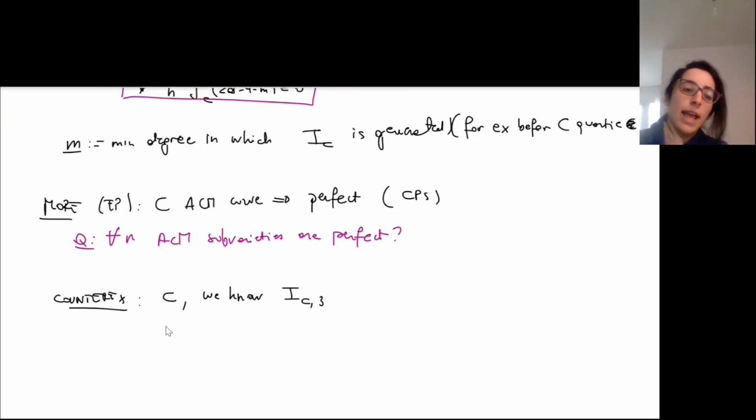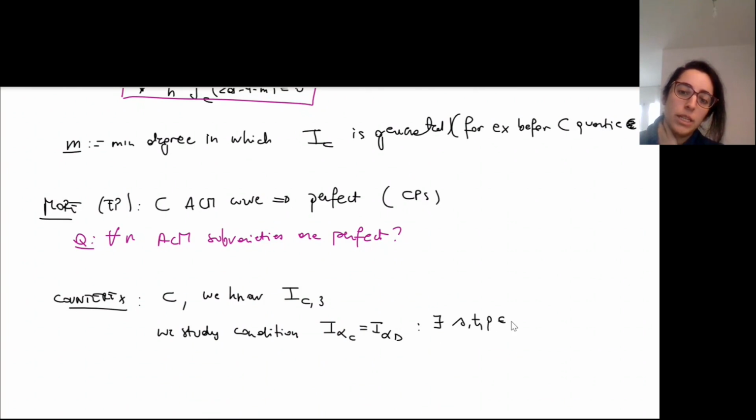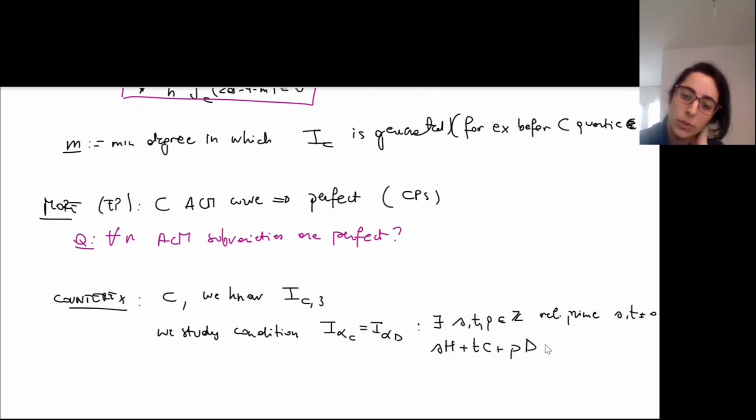We know this ideal, and we study the condition E alpha C equal to E alpha D, for some relatively prime and non-zero parameters, such that the H plus T C plus P T is linearly equivalent to 0.